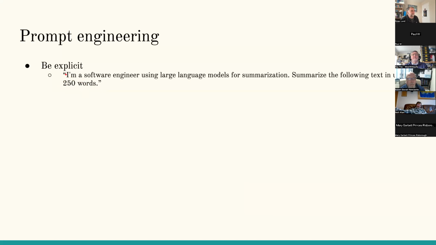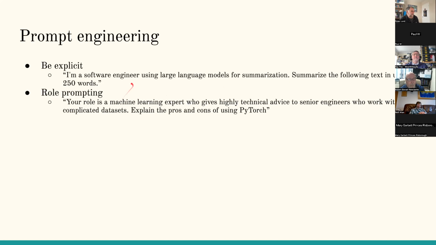But you can also say, I'm a software engineer using large language models to summarize. So the generative AI will then do this summarization for the target audience of a software engineer. So hopefully you start to see that this art of prompt engineering means getting your prompt usefully accurate to get the right sorts of answers you want. You can do role prompting.